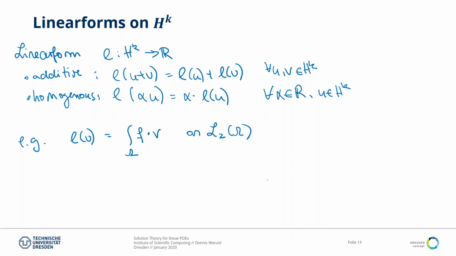And then the linearity, so the fact that this is additive and homogeneous, results directly from the fact that the integral is linear. So in the following, when I talk about linear forms, you can always think about this example. And that's the type of linear forms that we are talking about in this lecture, because they reflect our right-hand side in the partial differential equation.